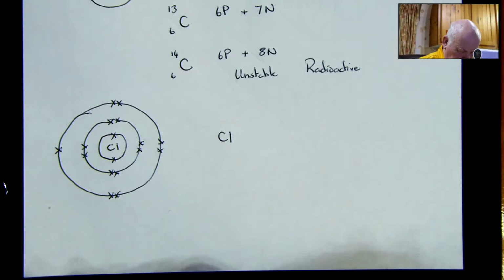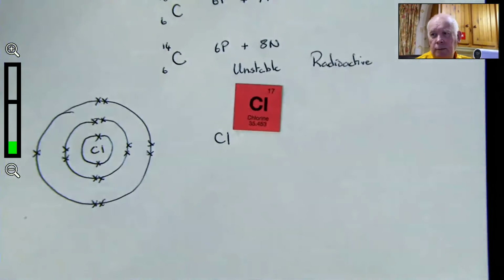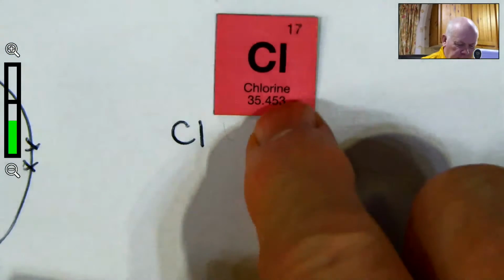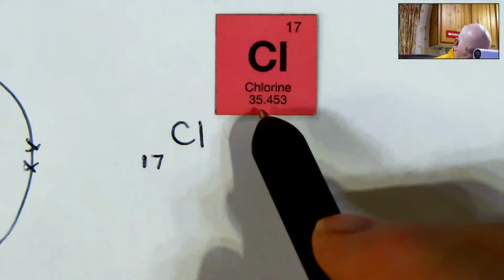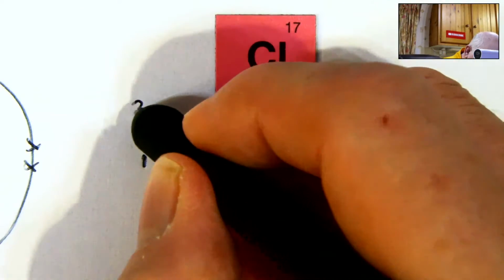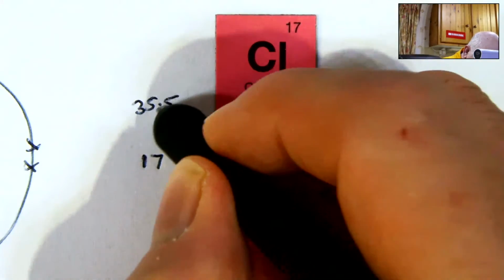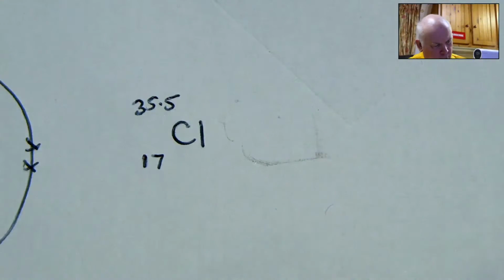Chlorine here comes with the number 17, but instead of having a whole number, we've got a number which is about 35.5, which we find in most textbooks. So what does this mean?